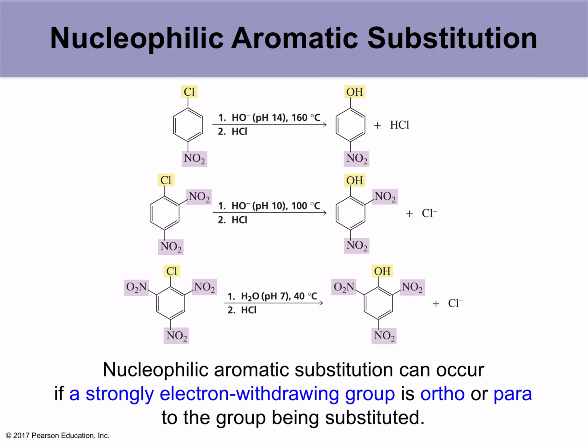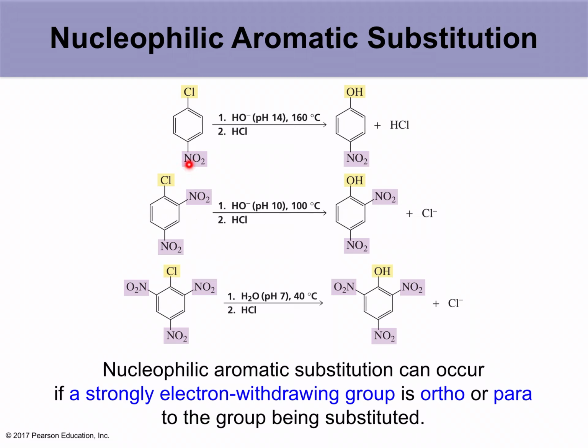And that can be done by a deactivating group like nitro group, right? So here you have 1 nitro group, 2 nitro groups, 3 nitro groups. The more nitro groups you have on the benzene ring, the more electrons would be withdrawn from the ring, and then it will lose its ability to act as a nucleophile. So under those conditions we can do a nucleophilic substitution on the benzene ring.